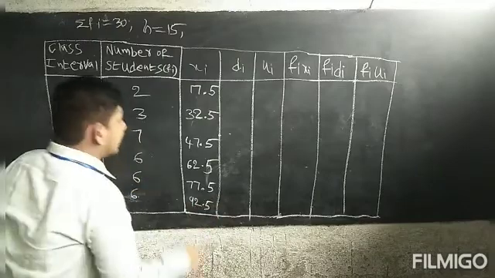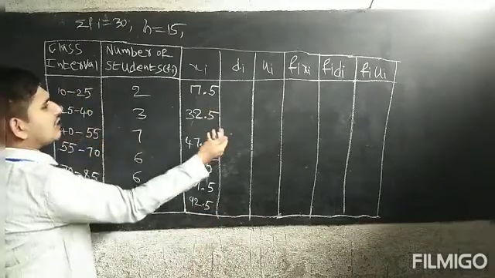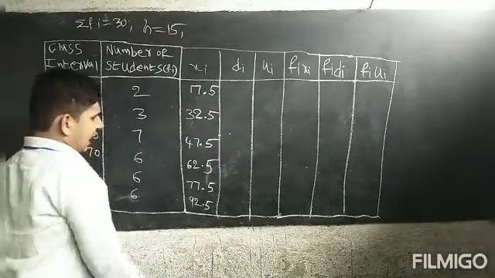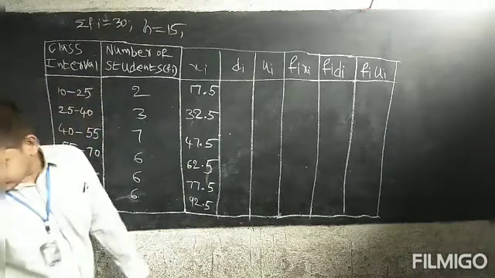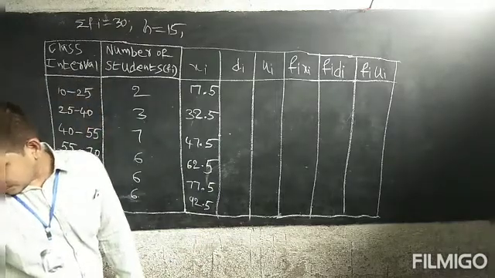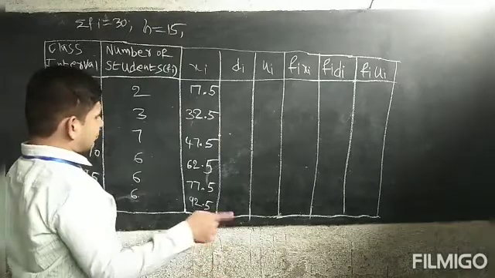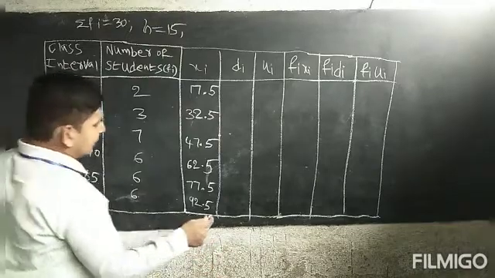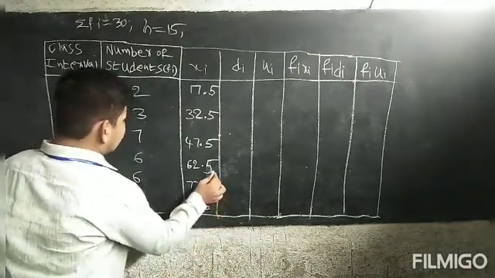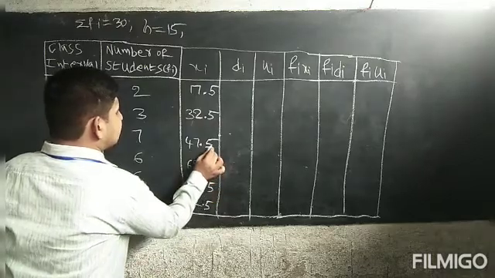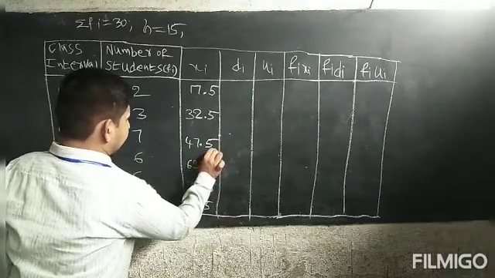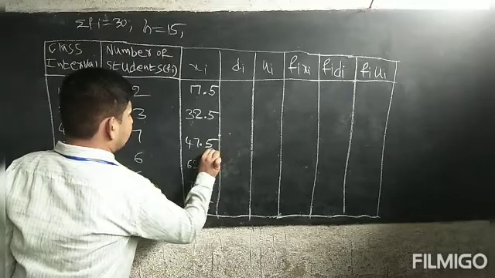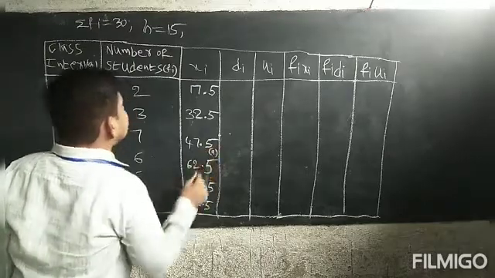Now d equal to x minus a. I am assuming the mean, so the value of a is 47.5.